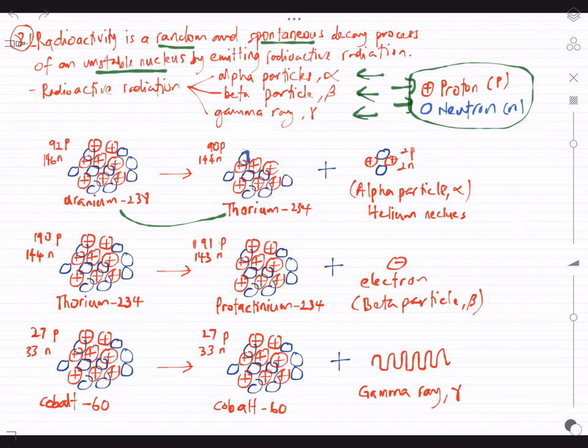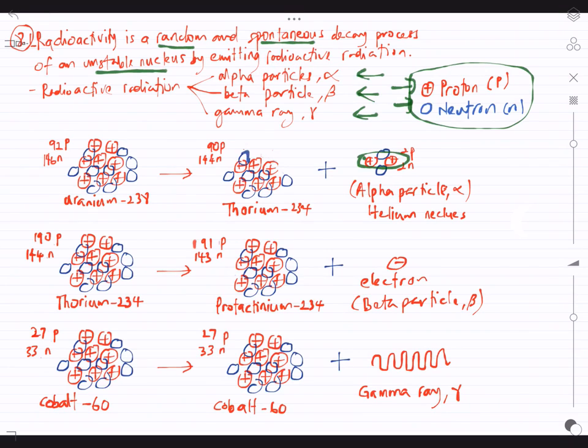Let us look at the number of protons. Initially it is 92. Now it becomes 90 after the process of decay. So there are two protons here. You can see there are no more protons here because the protons have been released in the alpha particle.